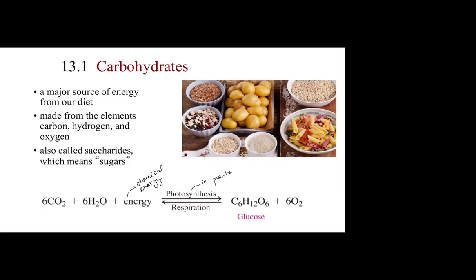The major molecule in our bodies in charge of this chemical energy is called ATP, adenosine triphosphate. When this molecule undergoes hydrolysis, meaning the bonds are broken utilizing water as one of the reactants, that chemical energy is put into the system.